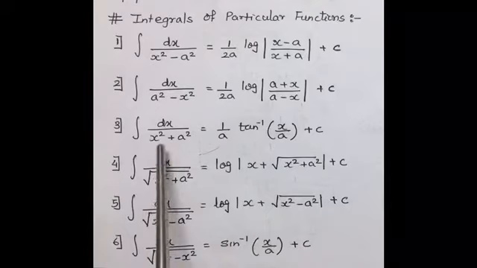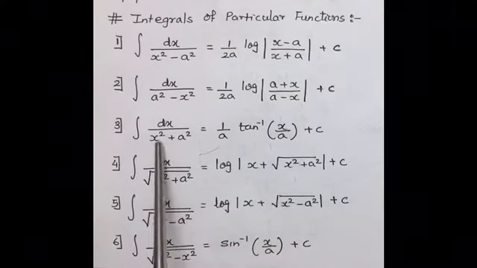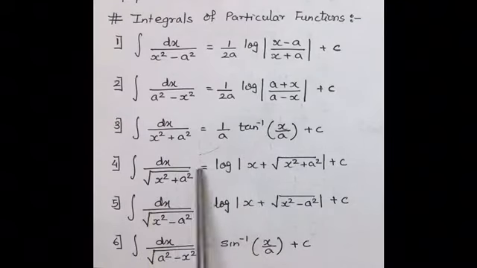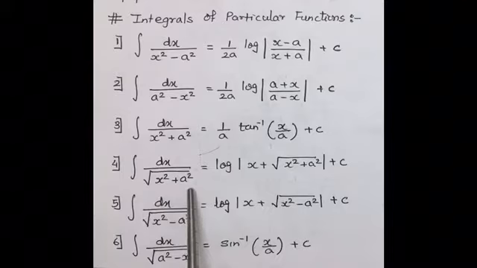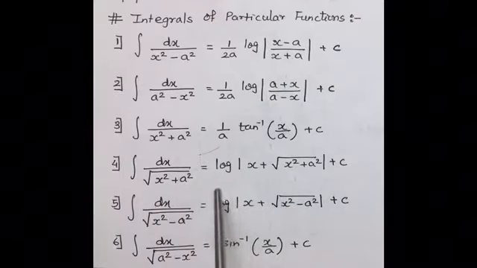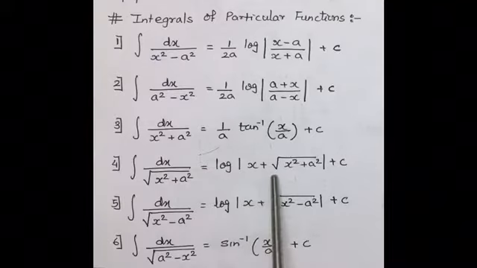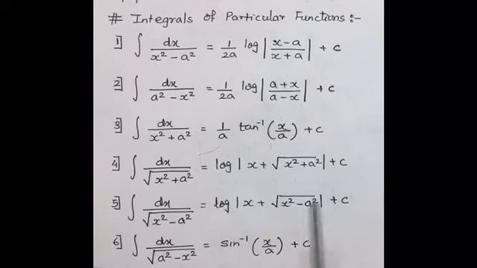Now here root is there. In the third one root was not there, so it was tan inverse. Now if the root is there with x square plus a square, then its standard integration is log of x plus root of x square plus a square plus c.